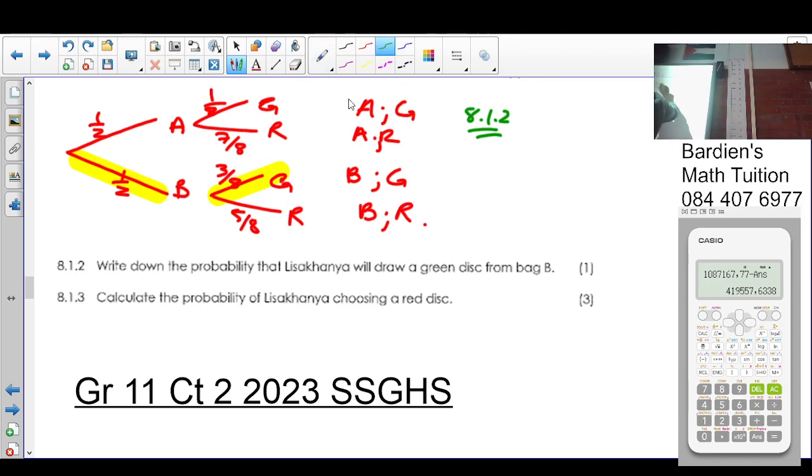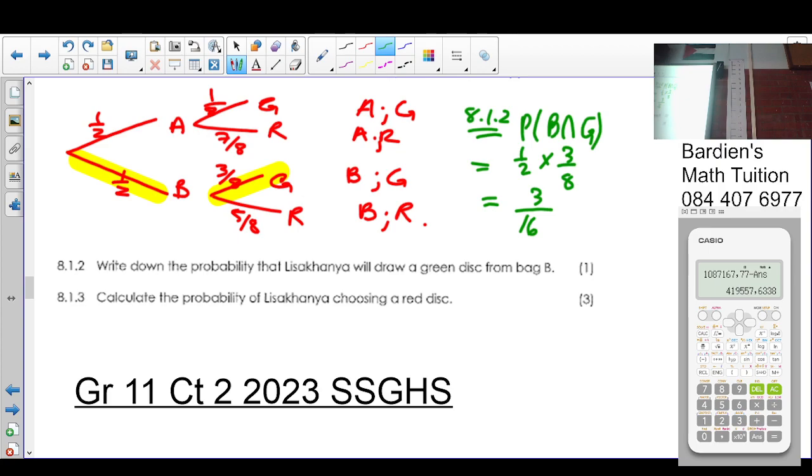So, in other words, this would simply be the probability of B intersection green. It's going to be half multiplied by 3 over 8. That's going to give you 3 over 16. Is that correct? 3 over 16. You must check.